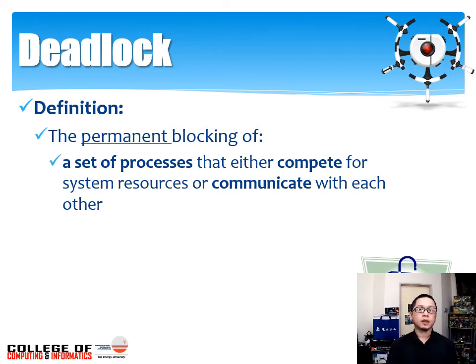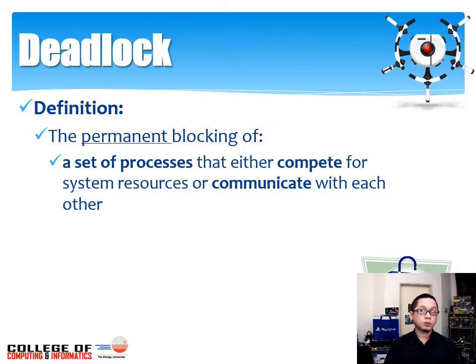So each of them is in a set of system that is waiting for the resources that they want, but each of those resources is being held by another process. For example, process A, in order to finish the instruction, requires the use of resources from process B and process C, while process B, in order to finish what it is doing, needs the resources from process A and process C. So each of those processes cannot finish because the resources that it wants are being held by another process.